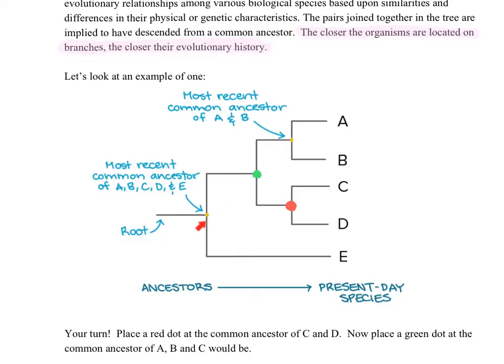What we would not accept is if your green dot in any way crossed over into this area here, because now you're going into E's territory, and that is no longer the common ancestor. So even though technically putting a dot over here would be a safe way to do it, you're not going to get credit for it because you're including too many data points.